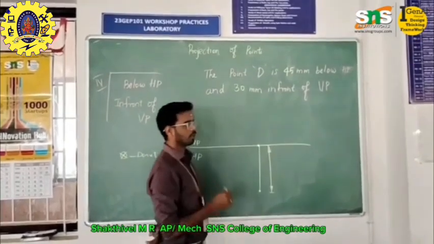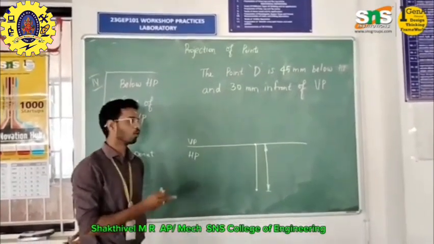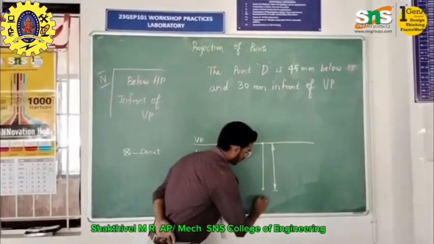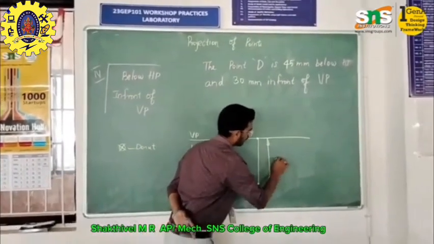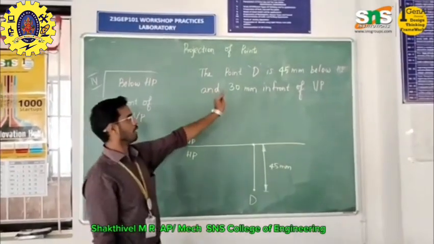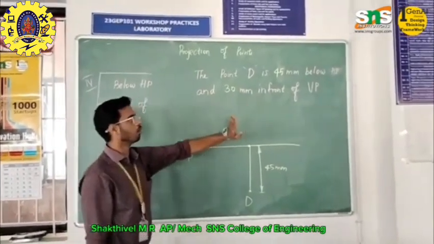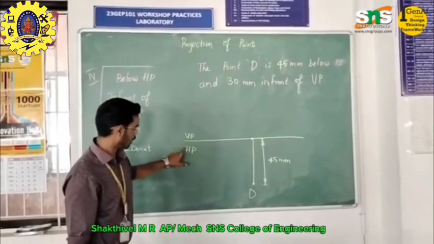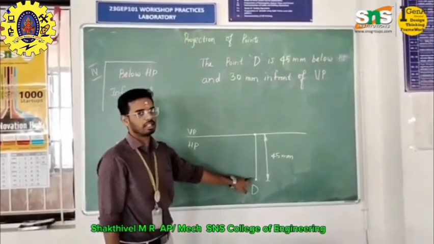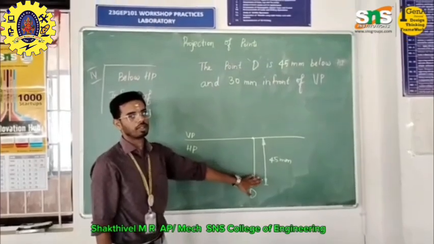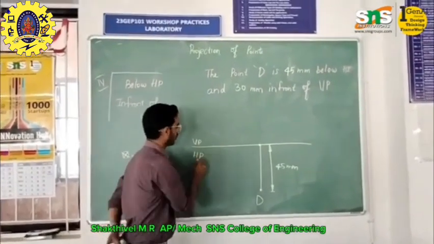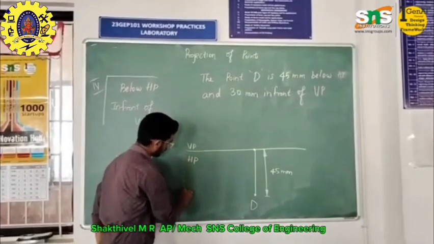We have some limitations and protocols to follow for the error marks. This is the position D. This is 45 mm, that is, the point D is 45 mm below HP, 4.5 centimeters, and 30 mm in front of VP. Consider it an imaginary one.